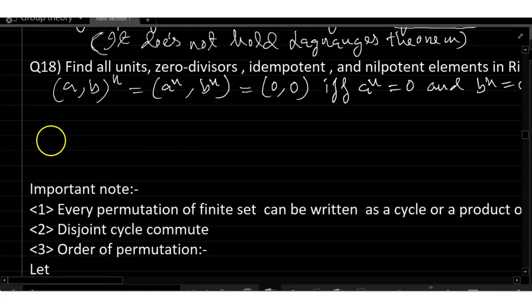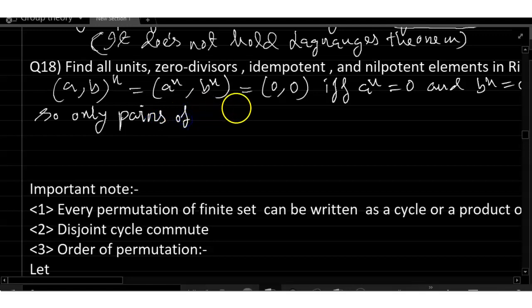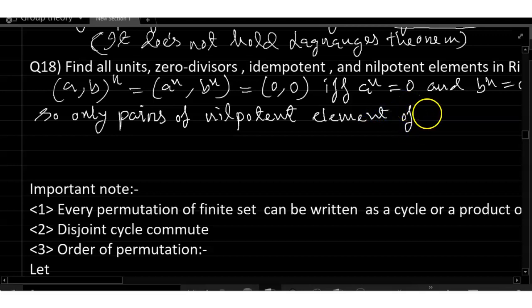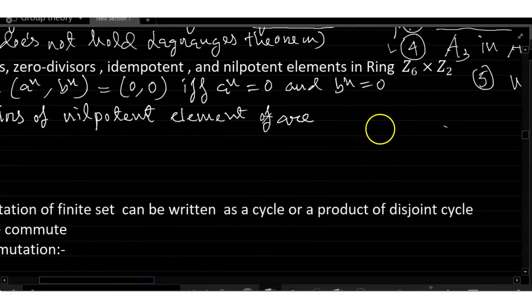So only pairs of nilpotent elements are nilpotent.